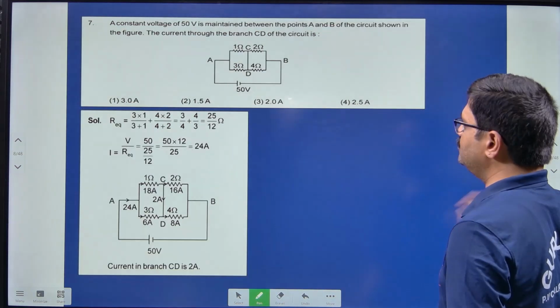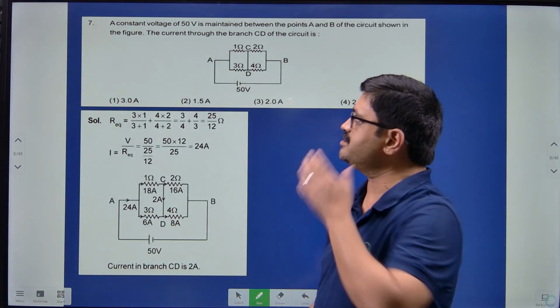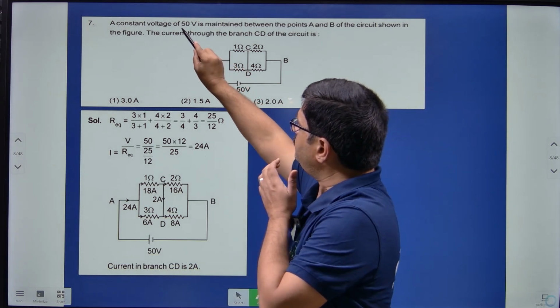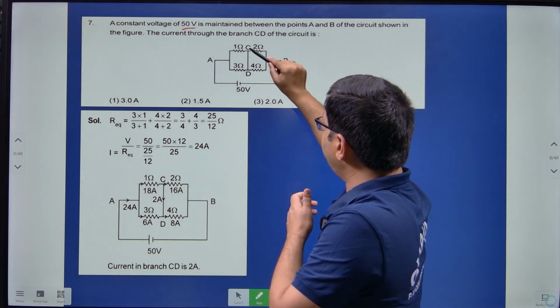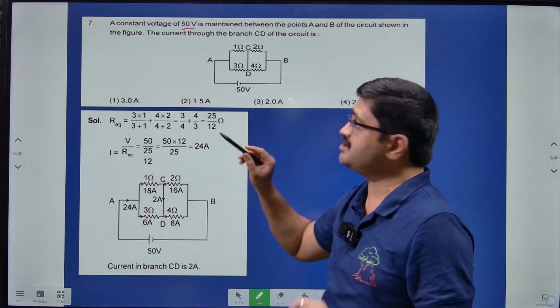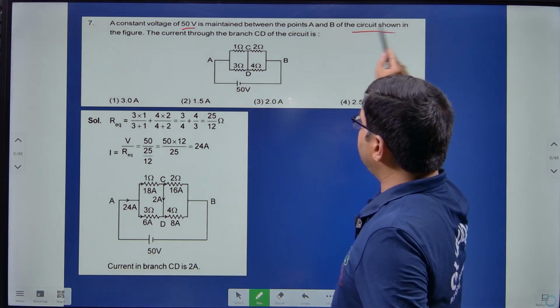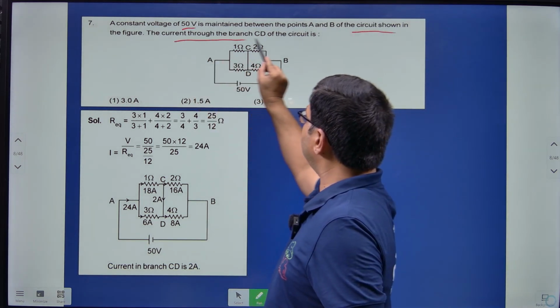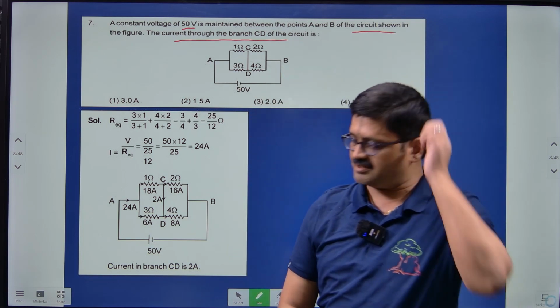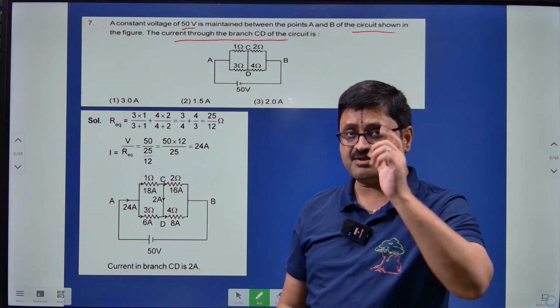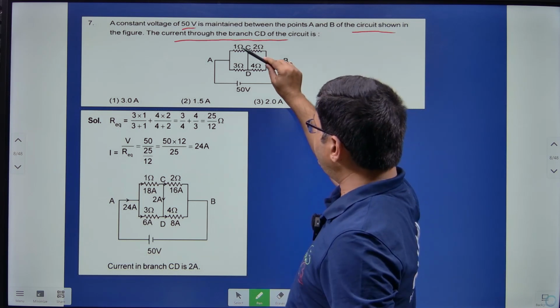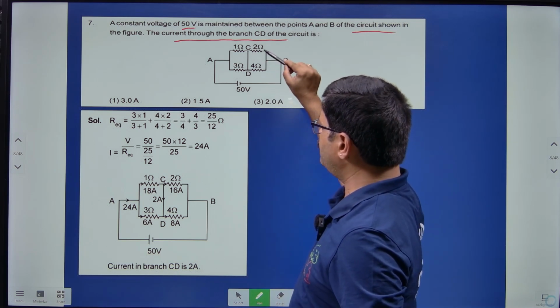Then moving on to 7th question, my dear friends. A constant voltage of 50 volt is maintained between the points A and B of the circuit as shown in the figure. The current through the branch CD of the circuit they are asking. Now you can see that here equivalent resistance, if you just try to find, 1 and 3 are in parallel, 2 and 4 are in parallel.